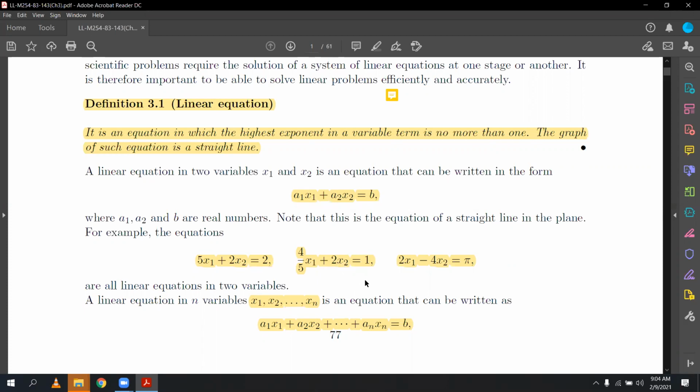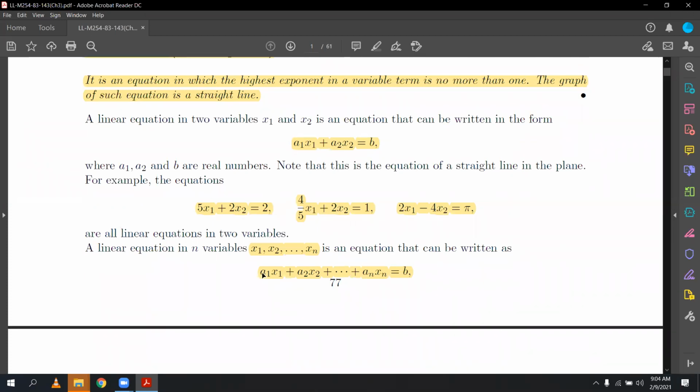Here I give you the linear equation of n variables, x1, x2 up to xn, equal to right hand side b, where a1, a2, an and b are any real numbers given, and the only thing we have to find is x1, x2 and xn.